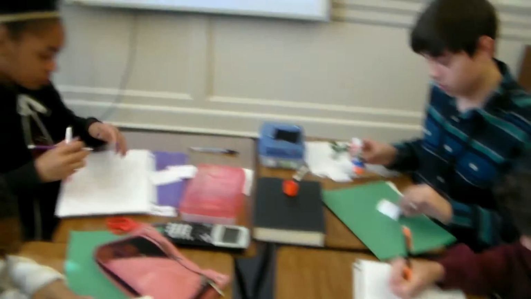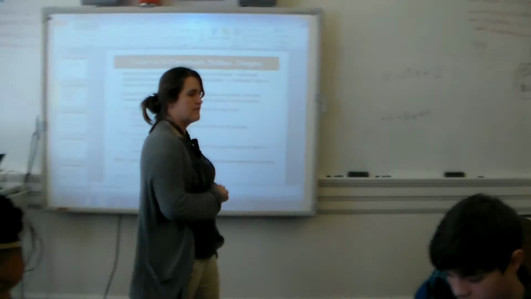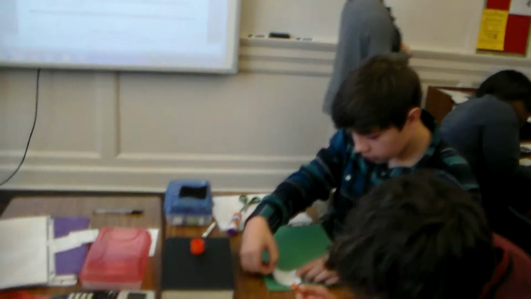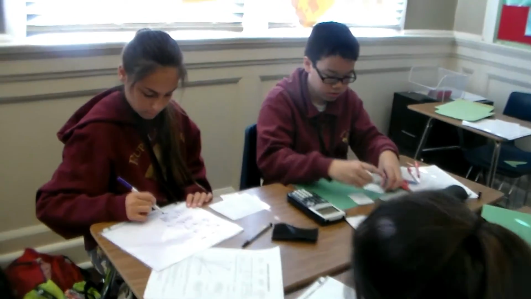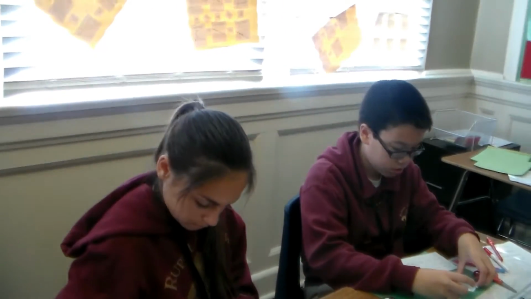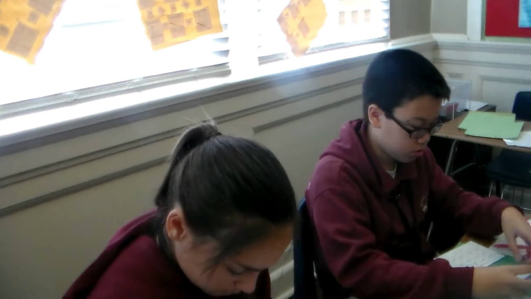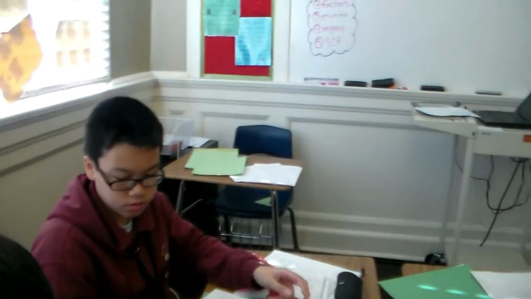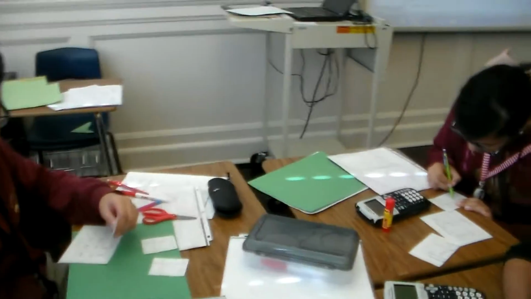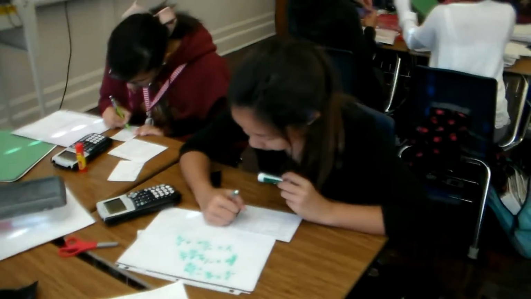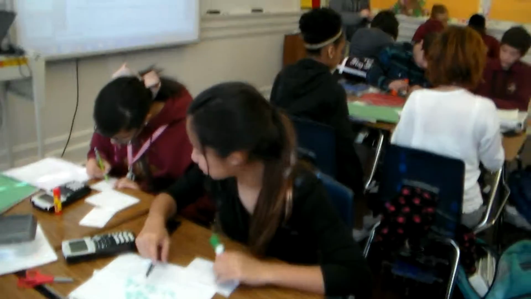Okay, so if you and your partner haven't started gluing, you should start finishing up so you can start gluing onto your poster. If you don't have all 6 complete, it's okay, because we're going to be comparing and classifying solutions in a minute. So you can go ahead and start wrapping up so you can start gluing your equations onto your poster.